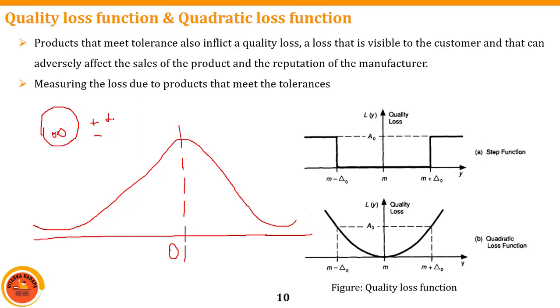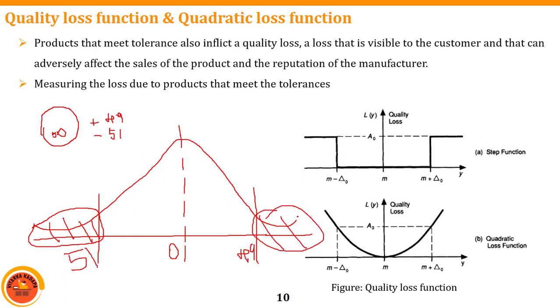Say here it is 49 on the negative side and 51 on the positive side. The products lying outside this range need to be remanufactured again.